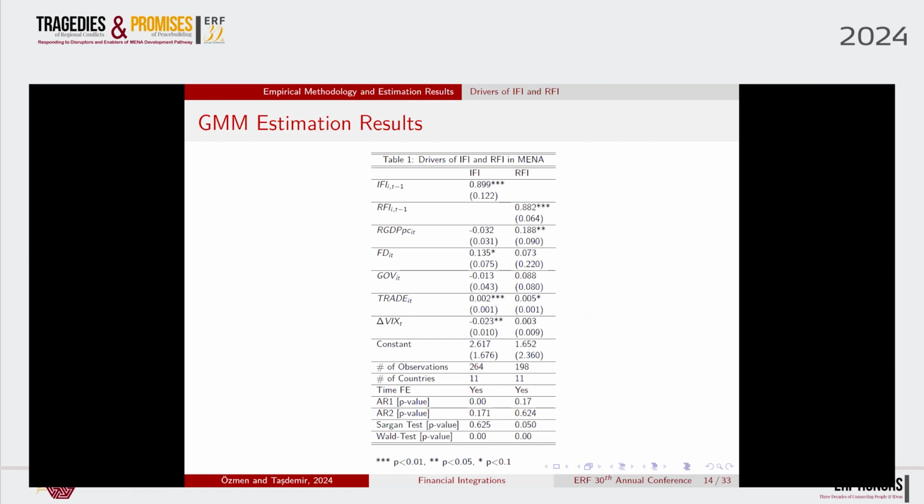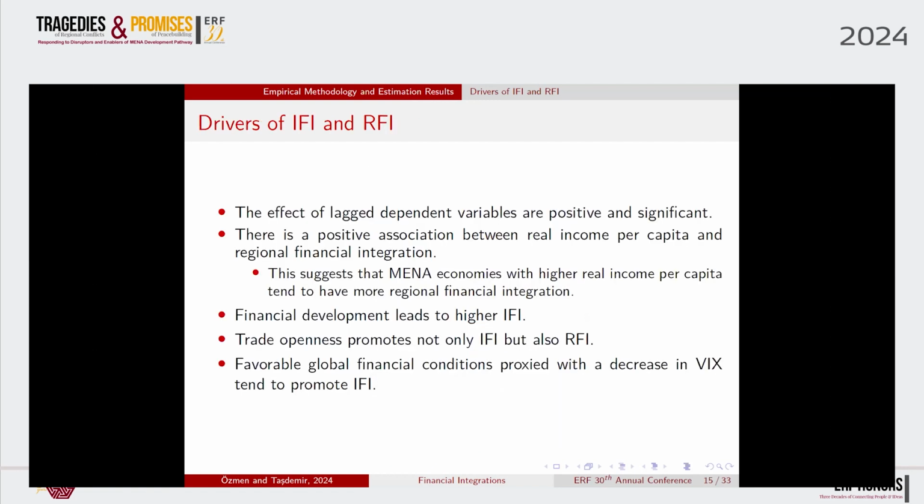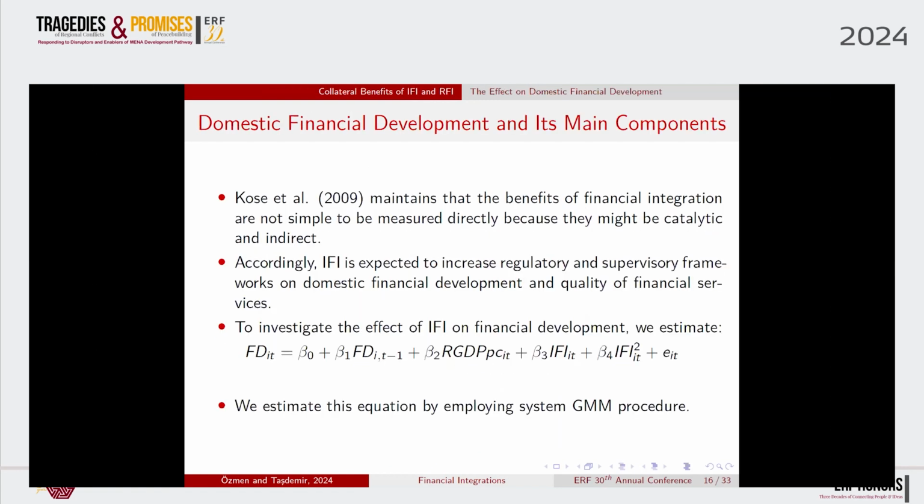Favorable global financial conditions represented by a decrease in VIX leads to higher international financial integration, but it does not have a significant effect on regional financial integration. After looking at the drivers of international financial integration and regional financial integration, we return to the paper of Kose.